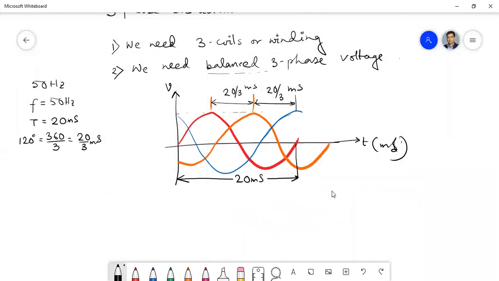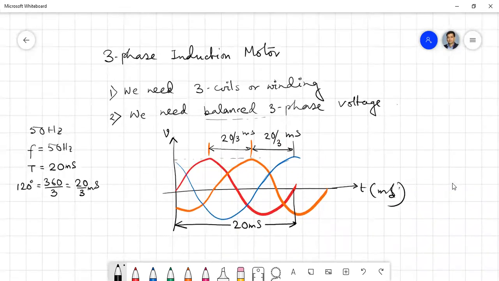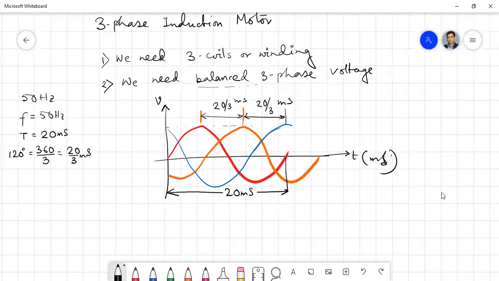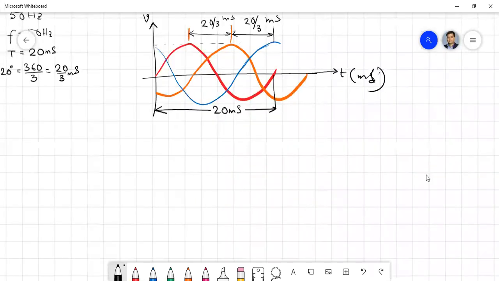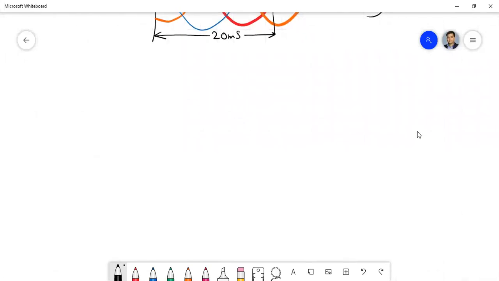Okay, so the next point I want to tell you is that though we need three coils or windings, we should know where they should be placed. I think you have already studied one rotating machine, the DC machine, and there you have seen that from a mechanical point of view, every rotating machine should have two components.